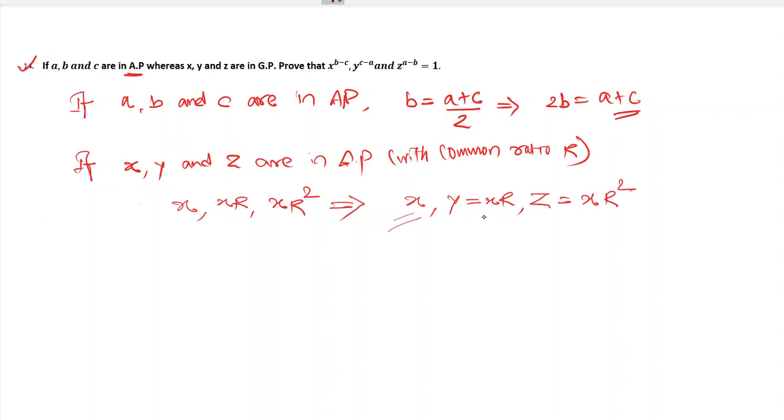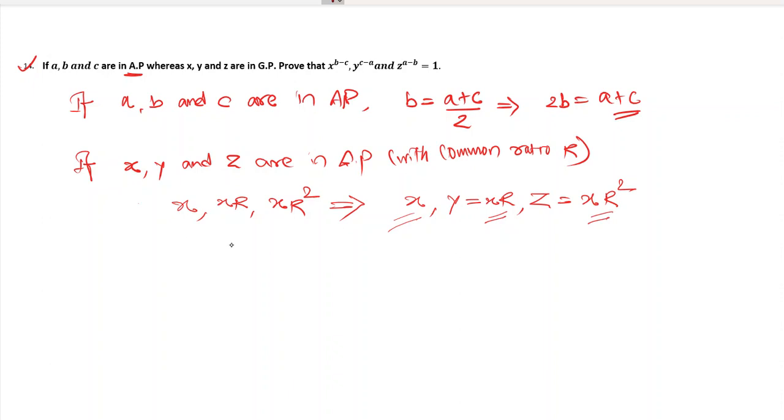So the first term is X, second term is XR, and third term is X R square. So these are the three terms of GP with common ratio capital R.